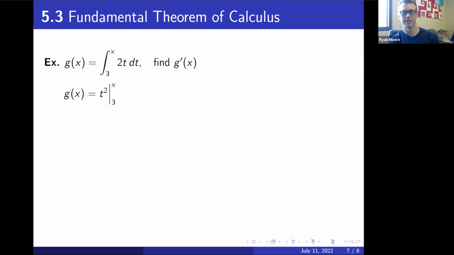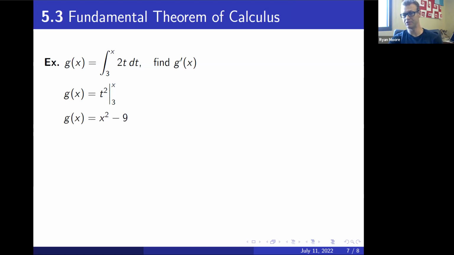If we plug those in, starting with x, we plug x in and get x squared. Then we'd subtract, plug 3 in and get 9. So we would realize, wow, g of x is really just x squared minus 9 in disguise, disguised as that definite integral. That's interesting.